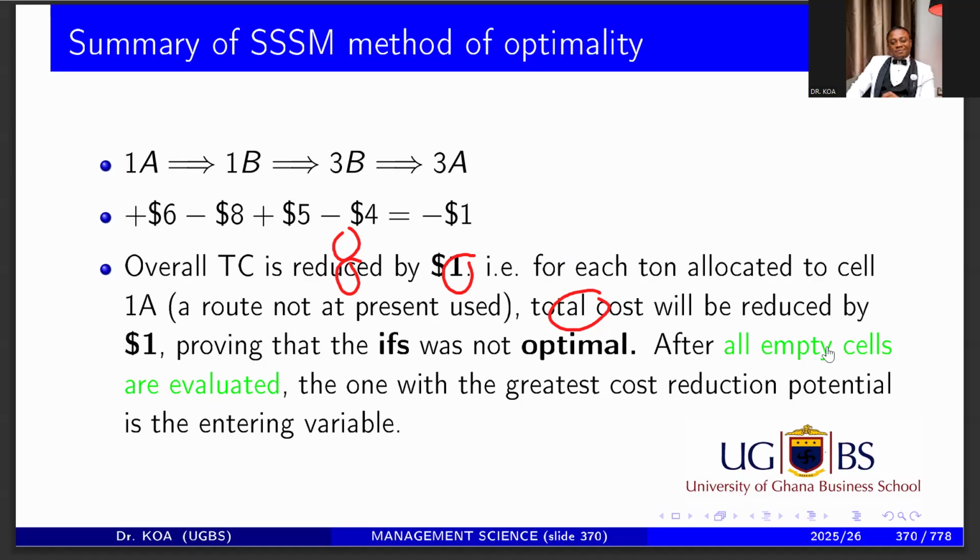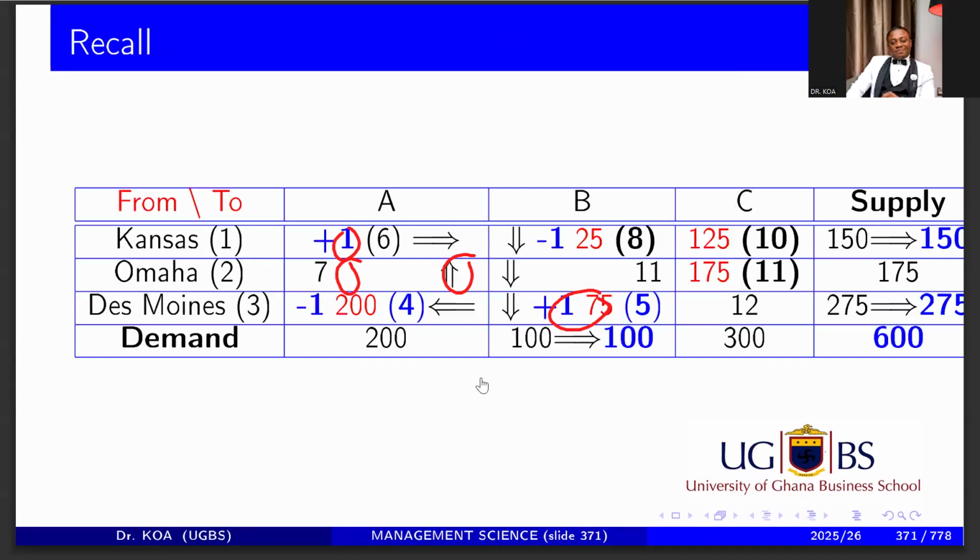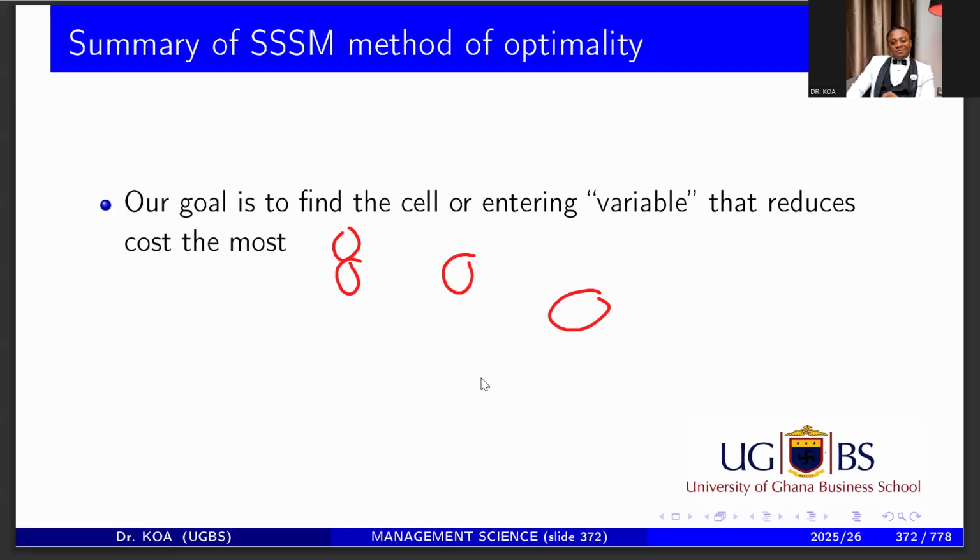So you got to make sure that all the empty cells are assigned or evaluated. The one with the greatest cost reduction becomes the entering variable, or the variable in question. So you can see the same conclusion that I have here. This is a final allocation. The idea is to find the cell that reduces the cost the most.